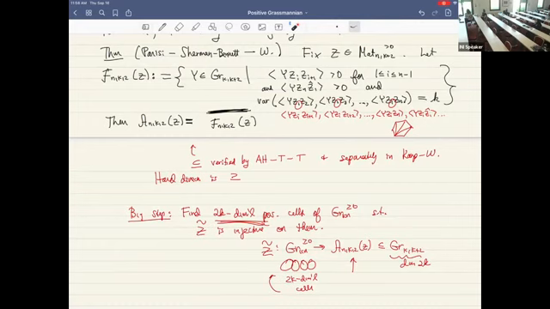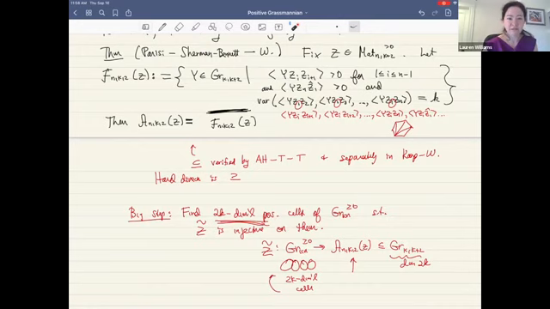Right, yes, okay. So it's possible one can do it, but it's not totally obvious to me what should be the statement. Yeah, thank you.